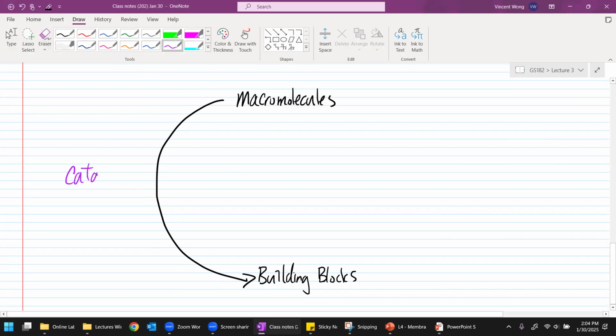Yeah, very good. And then it releases energy, right? And heat. But we don't want to waste this energy, so we have to store it.